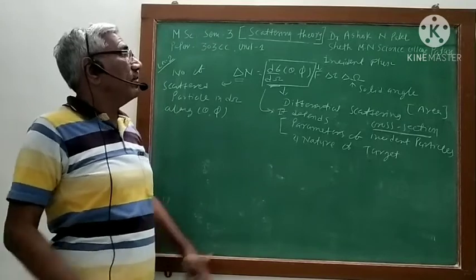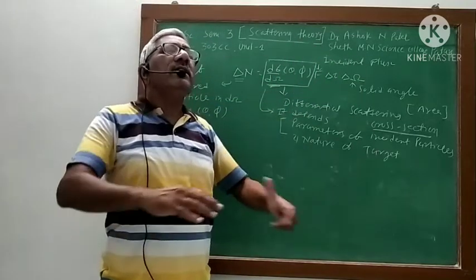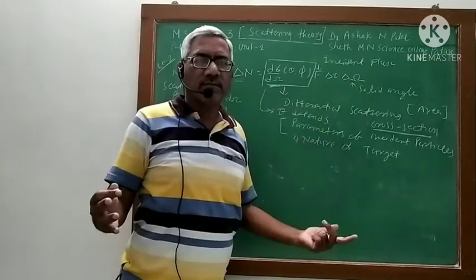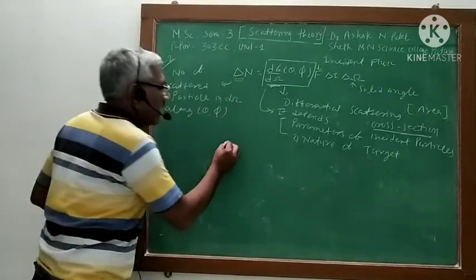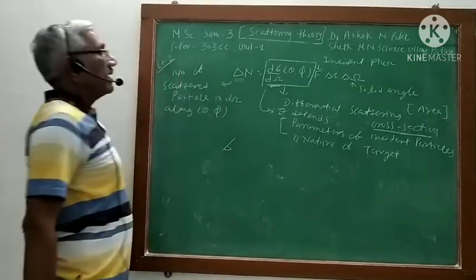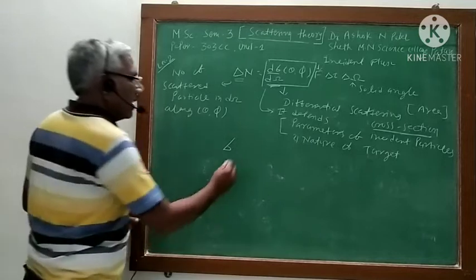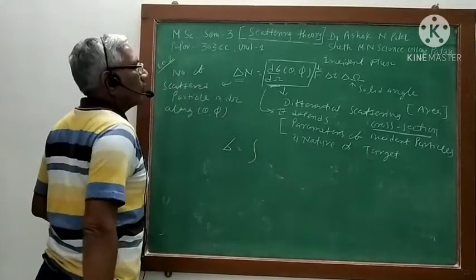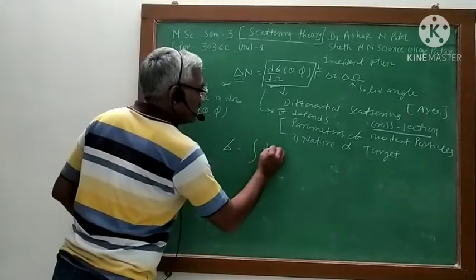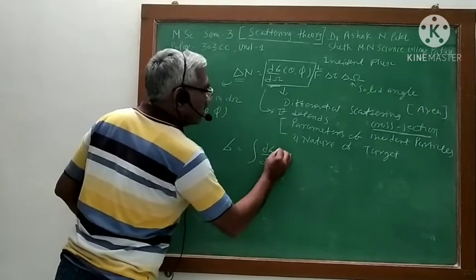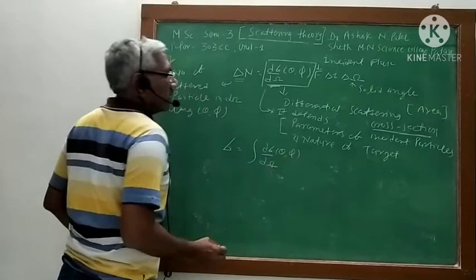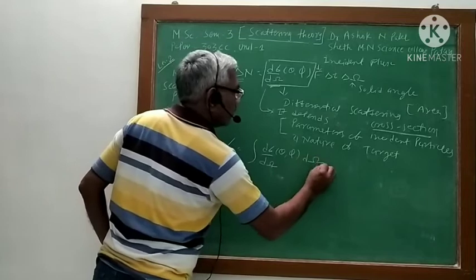When you integrate it, you get the total scattering cross section, sigma, which is the integral of d sigma by d omega, depending on theta and phi, times d omega.